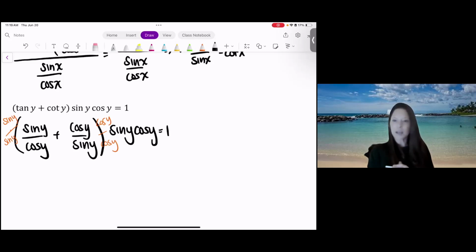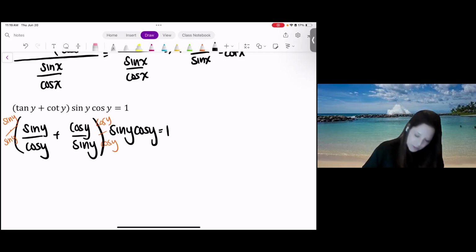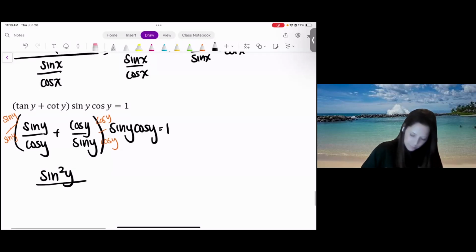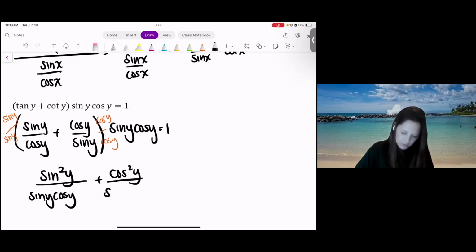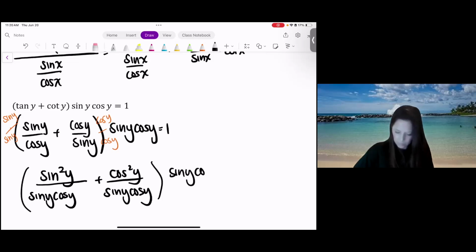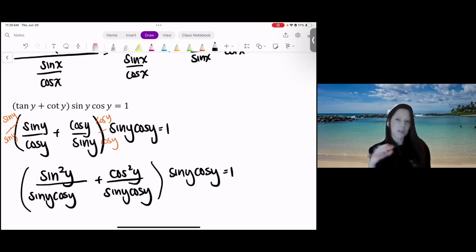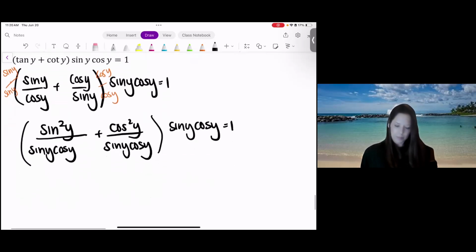Sine y times sine y is sine y squared, which I'm going to write as sine squared y. And then sine y cosine y plus cosine y times cosine y is cosine y squared, which I'm going to write as cosine squared y, over sine y cosine y. Hopefully you can see where we're going with this.